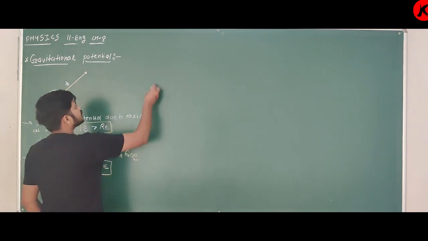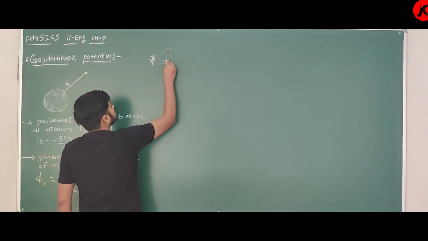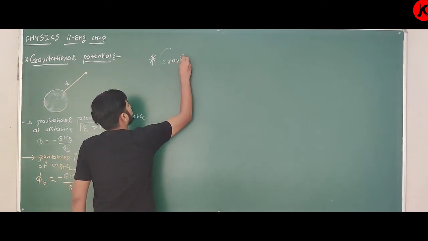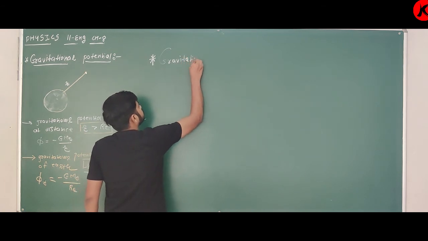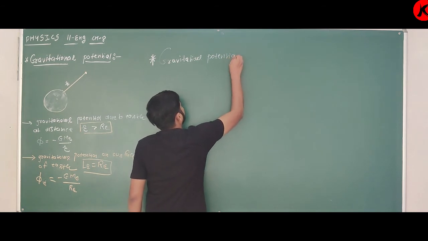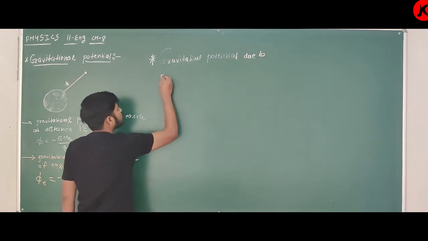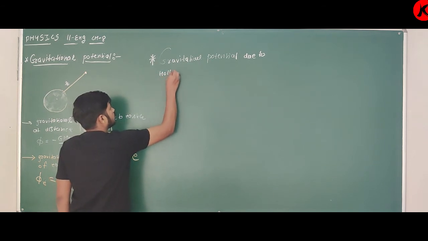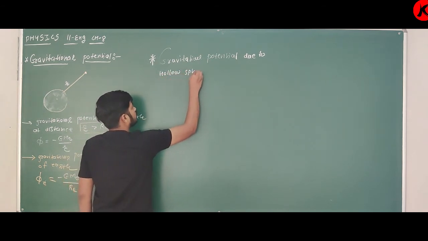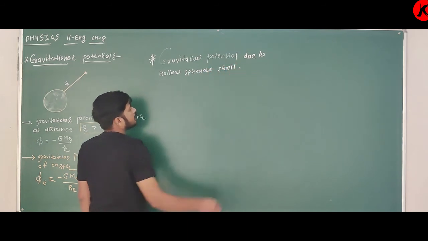Now we are taking one special theory: the gravitational potential due to a hollow spherical shell.